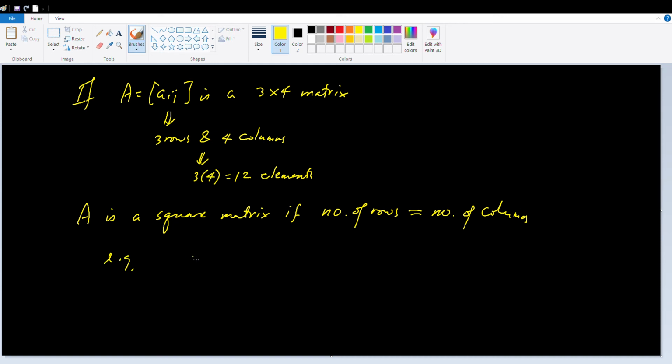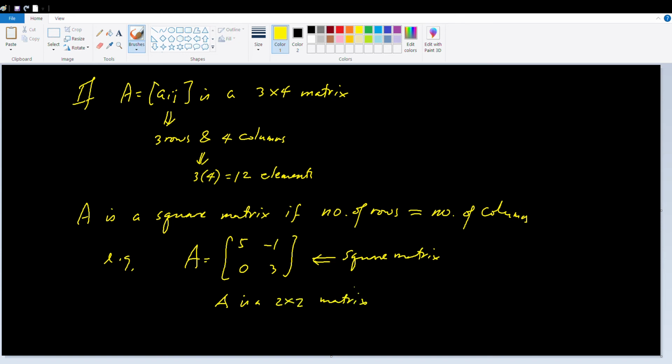So for example, A with elements 5, negative 1, 0, and 3 is a square matrix because it has 2 rows and 2 columns, and we say that A is a 2 by 2 matrix.